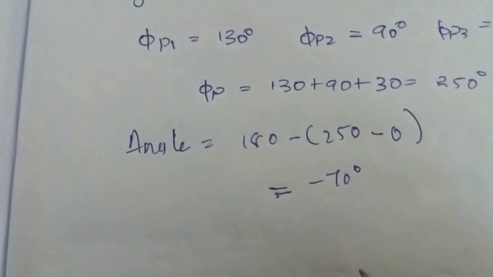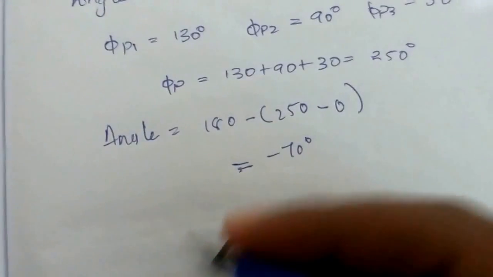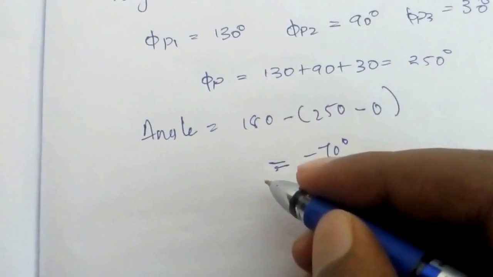What we found out here is the angle of departure from minus 1 minus j.